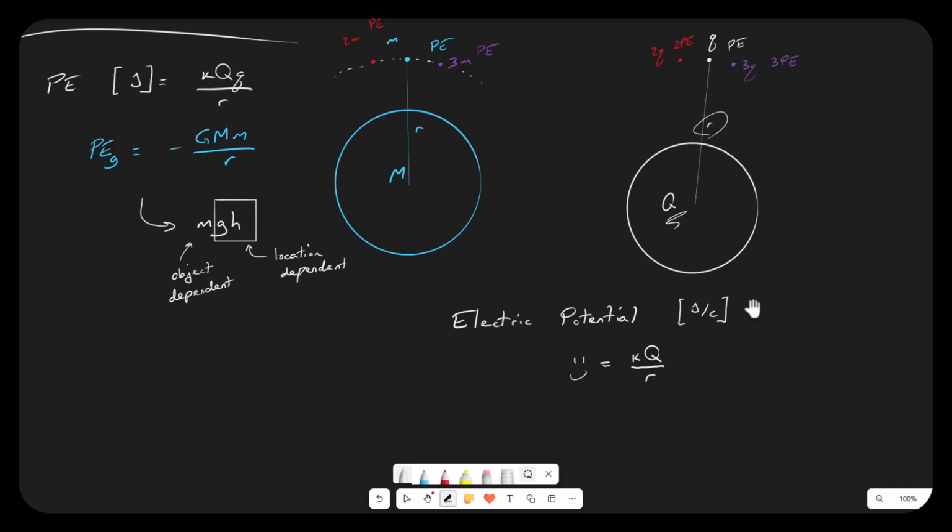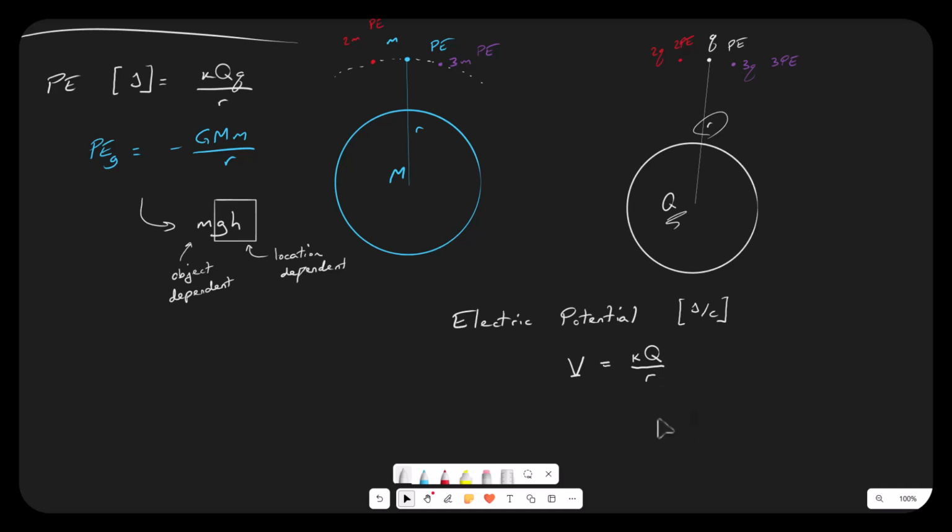I've seen people who use a smiley face for electric potential, or a star. Whatever it is you use, just be sure that you can be consistent with it and know what you're talking about. I'm going to use a V and just stick an underline on it, and that's going to have to be enough. That's electric potential.